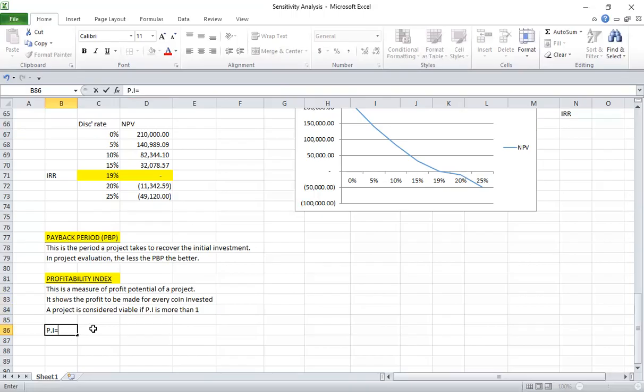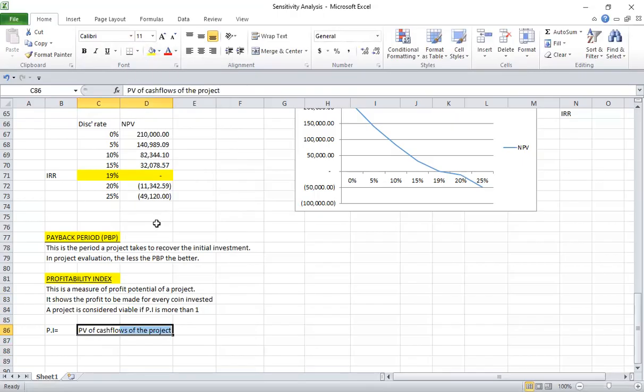If you want to compute this, then you shall take the sum, let me just call it the present value of cash flows of the project. The present value of the cash flows of the project.